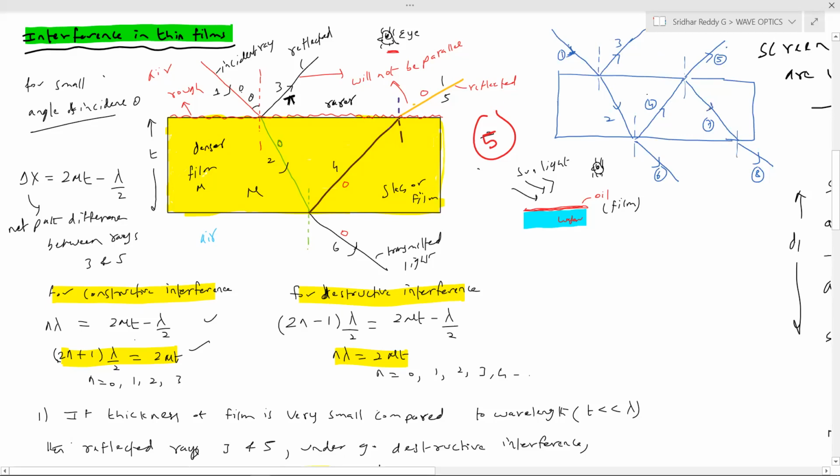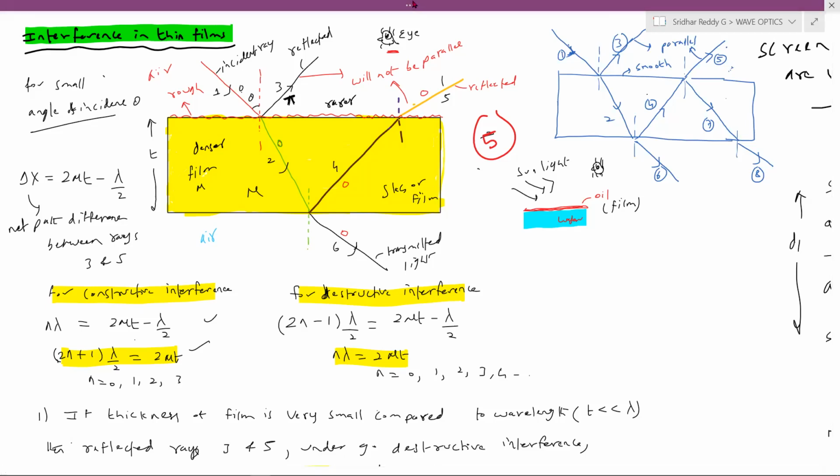Okay, try to notice here. So here, these two are parallel. But I'm writing not parallel. What is this? This is the ideal case, if the film were perfectly smooth. Then 3 and 5 in this diagram will definitely be parallel.